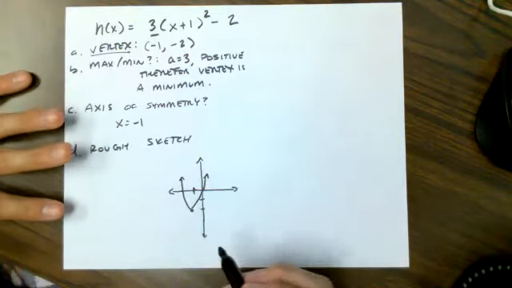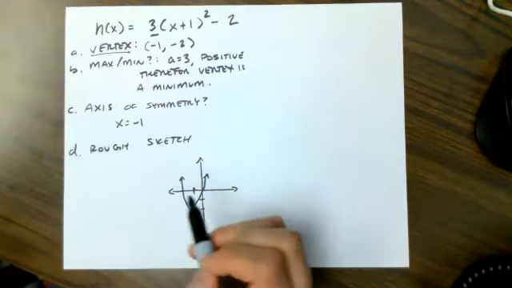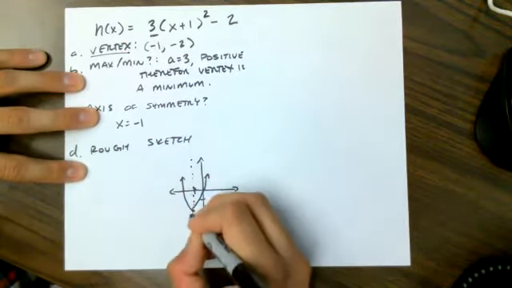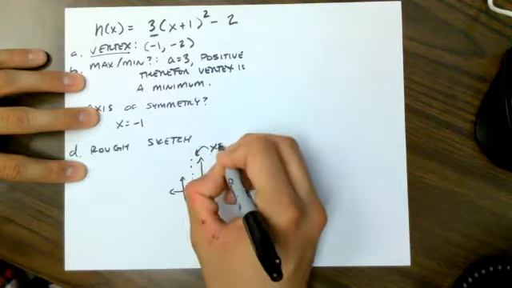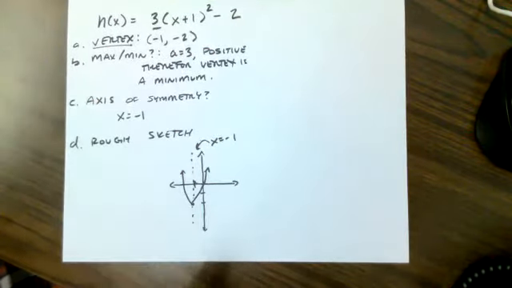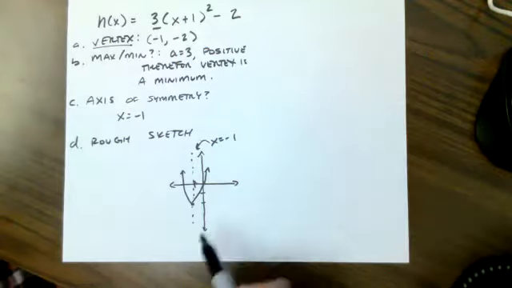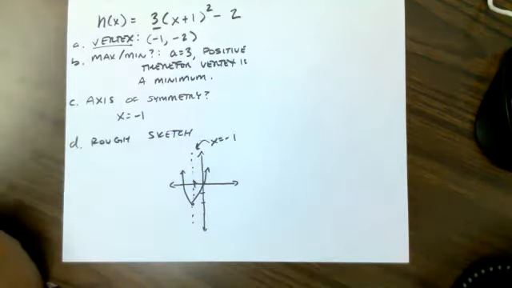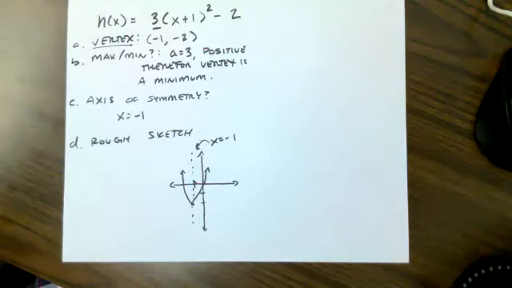We'll get more coordinates on this here in a minute, but for now, I just want you to see the rough sketch. We've got the axis of symmetry going right there. That's x equals -1, right? This is what I'm trying to get across before we get started on figuring out all this other stuff about this quadratic function.